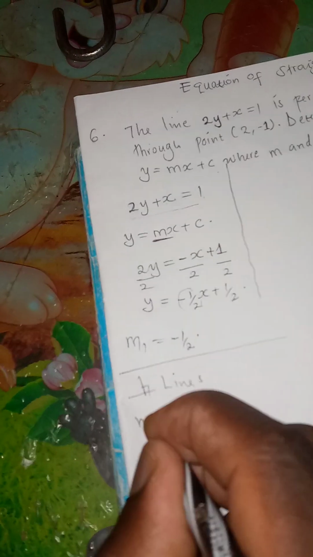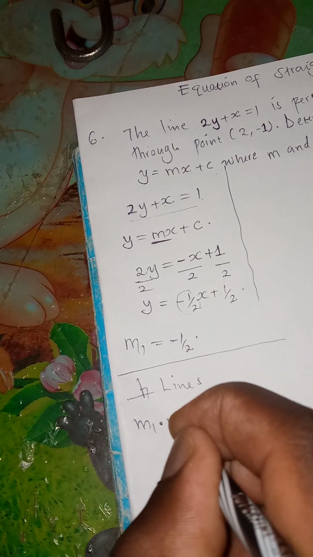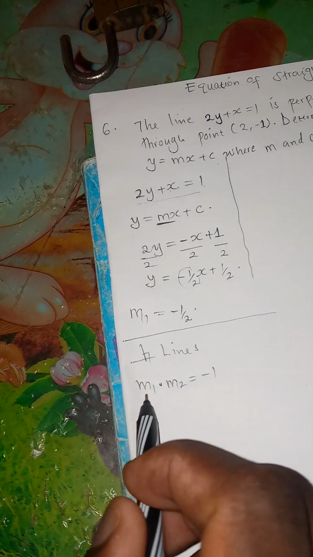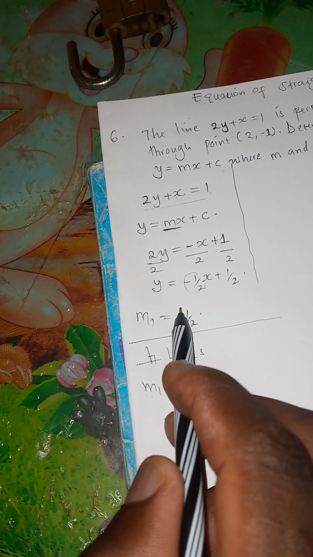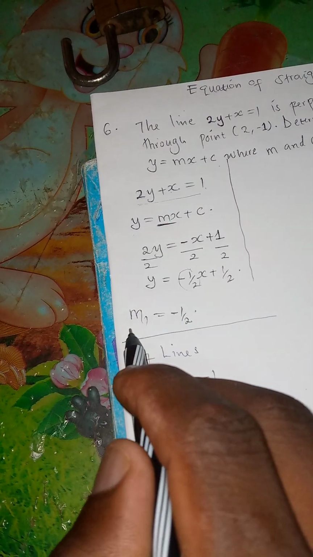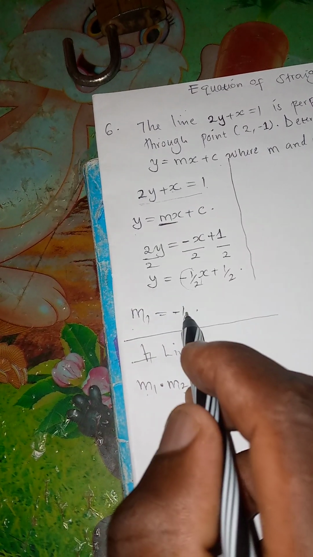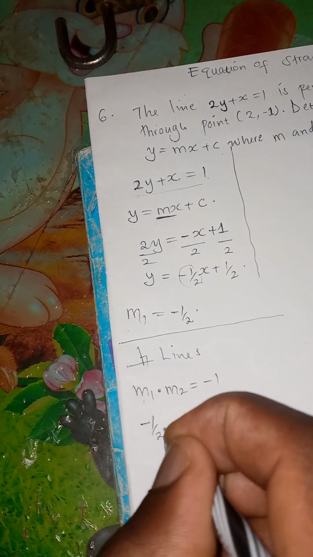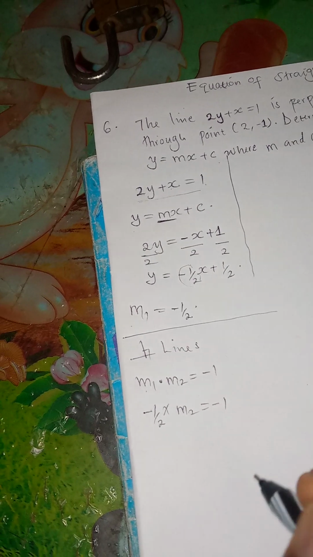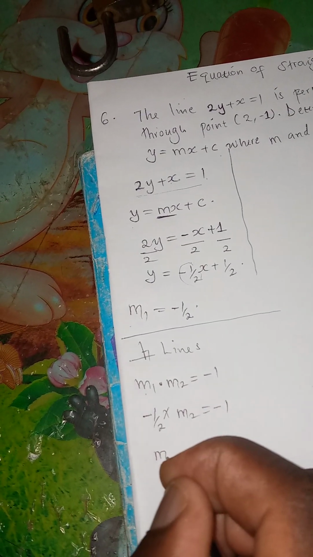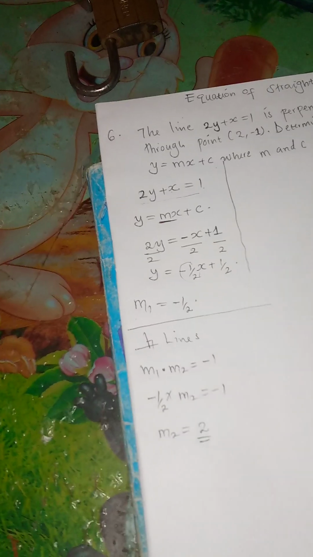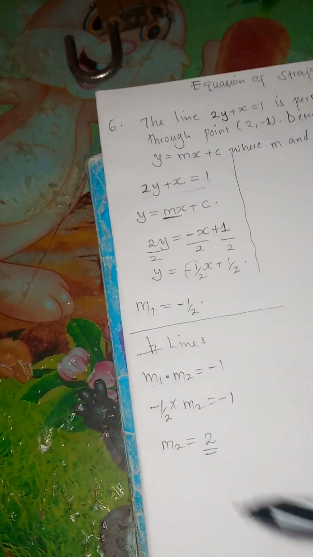That is, m1 multiplied by m2 should be equal to -1. Our m1 equals -1/2. So -1/2 multiplied by m2 equals -1. When we solve for m2, we get 2. So the gradient of line L is 2.